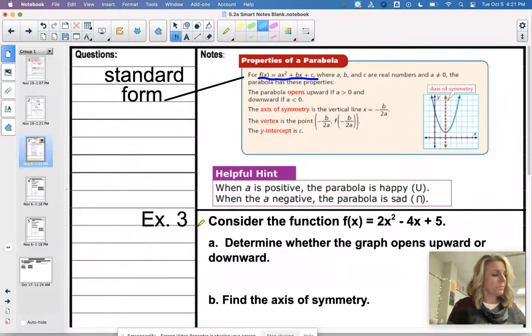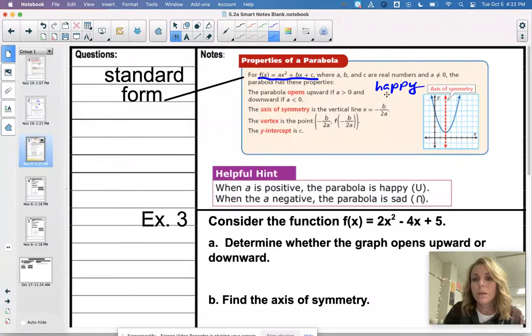So here we go. Standard form now, we're going to talk about how we find the axis of symmetry when it's an ax squared plus bx plus c form. First of all, we know that the parabola opens upward if a is greater than 0. I call that a happy parabola.